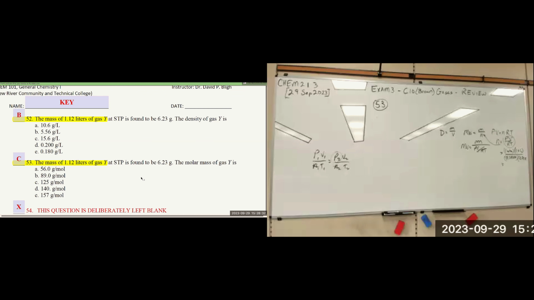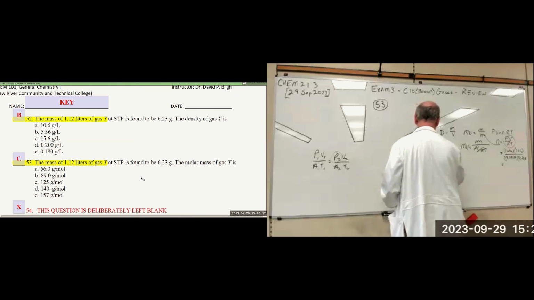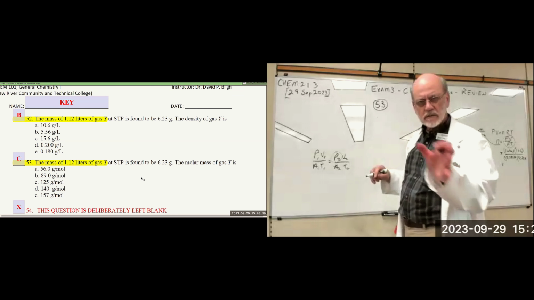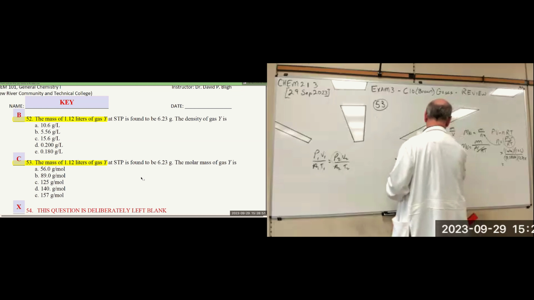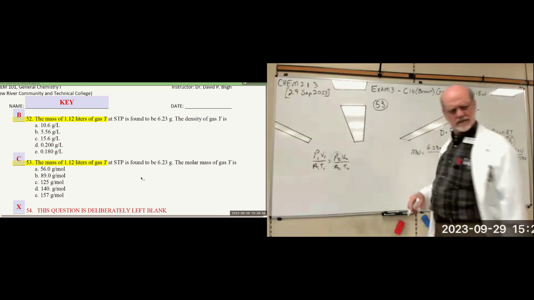So this is 1 divided by 0.08206 and divided by 273 is 4.46 times 10 to the minus 2. So molar mass equals mass, which is 6.23 grams. And then, what did I say?